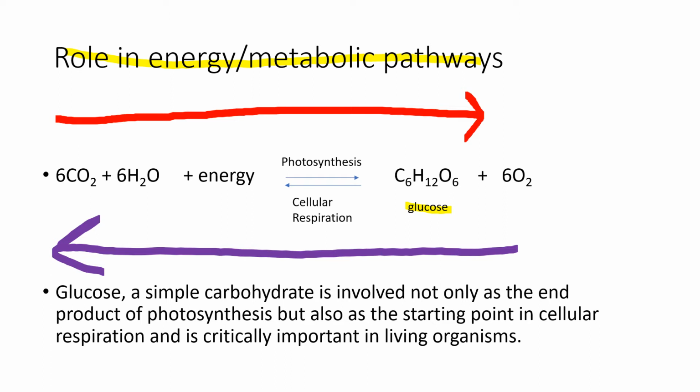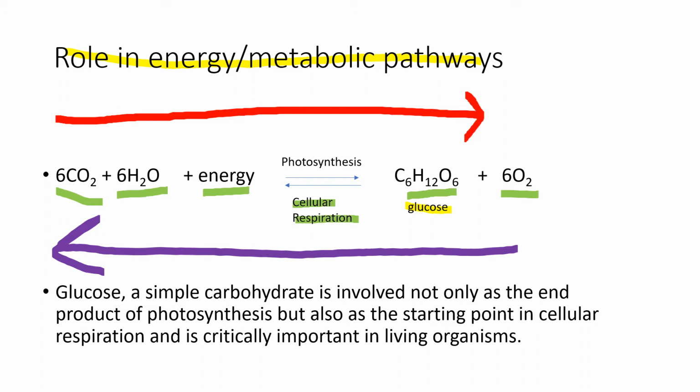Every one of our cells takes glucose, reacts it with oxygen, and goes through cellular respiration. That's how we get energy. Water gets produced as a byproduct, and we exhale carbon dioxide as a waste product.